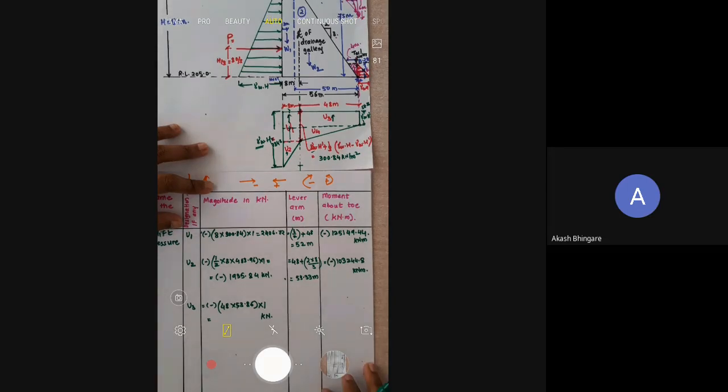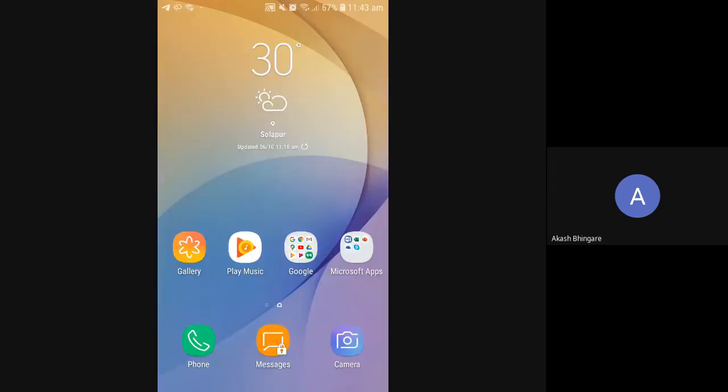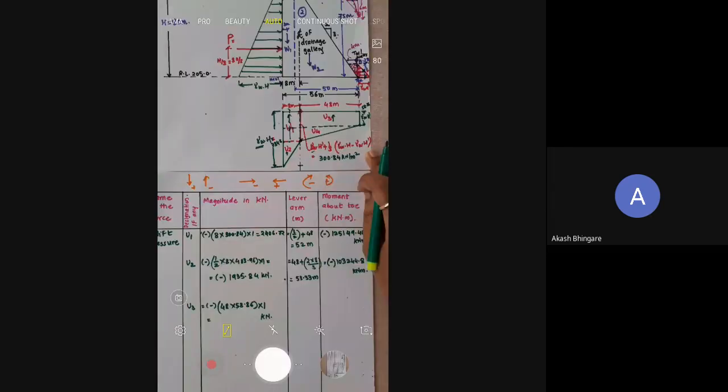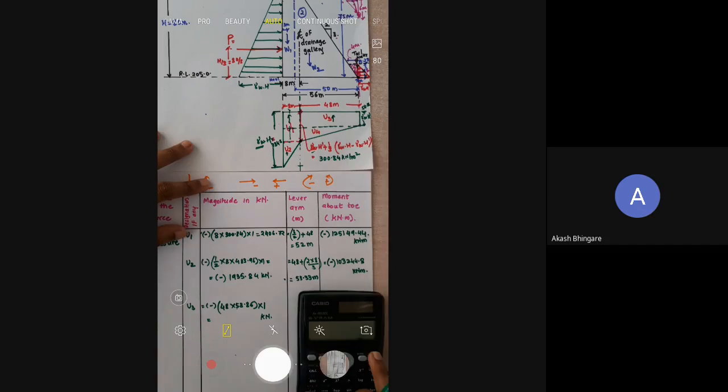What is this answer? 10328. You are getting these values for the U2 moment. How? So okay, 48 plus 16 by 3.